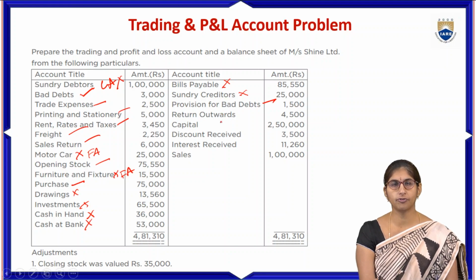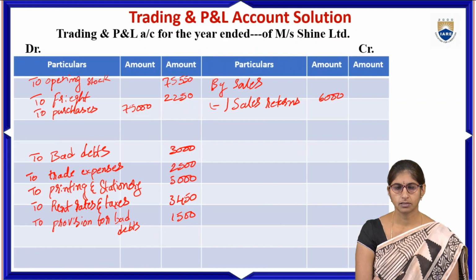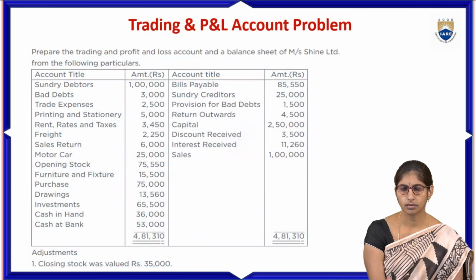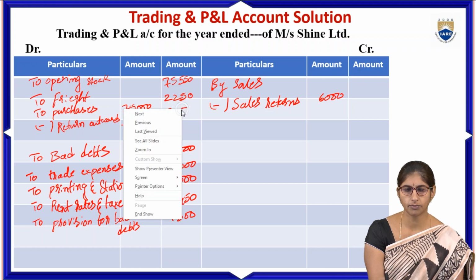Carriage outward means purchase returns. So this we have to reduce from the purchases. Less purchase returns or return outward, $4,500. So the net purchases will be 70,500.